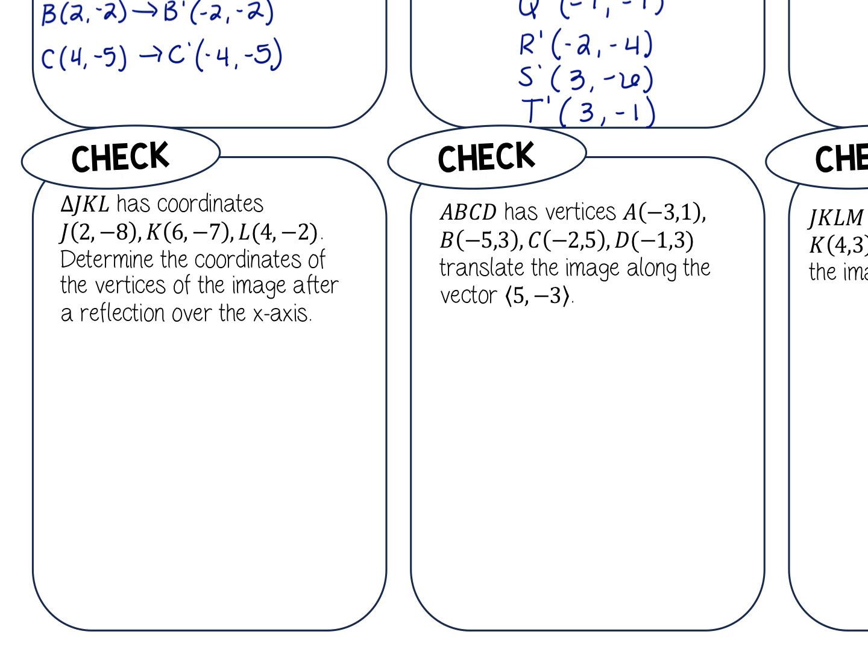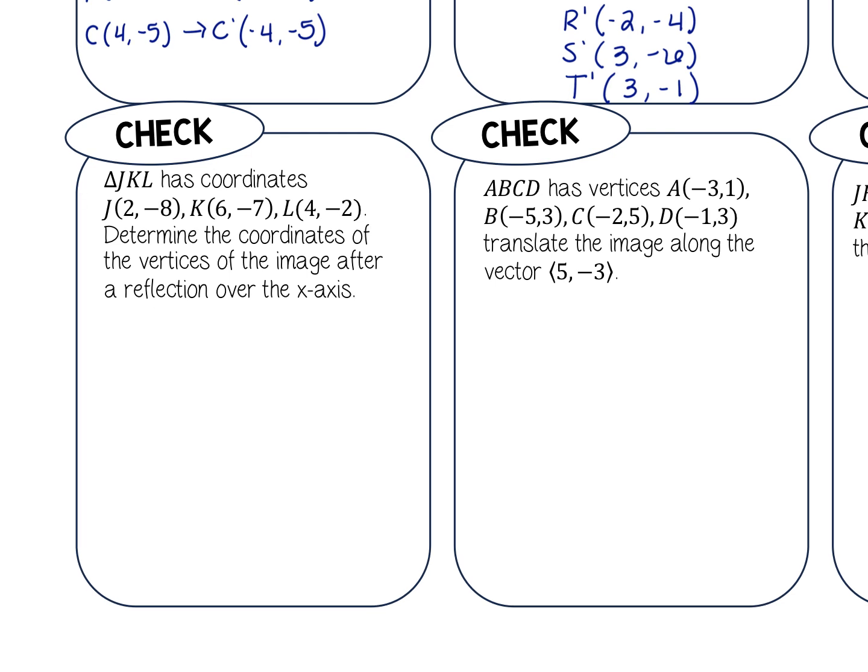All right, so for these last 3 problems, the first one says triangle JKL has coordinates as follows. Determine the coordinates of the vertices of the image after a reflection over the x-axis. J is 2, -8. If we're reflecting over the x-axis, then we're multiplying the y value by -1. So J prime would be 2, 8.